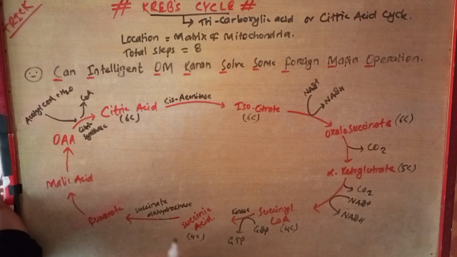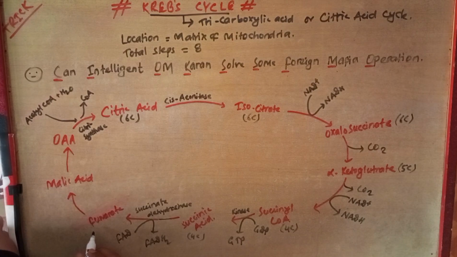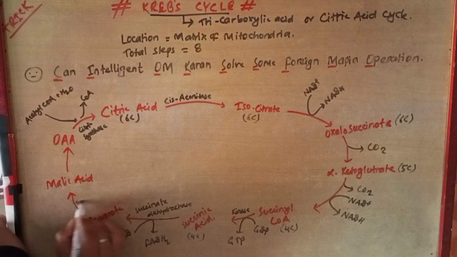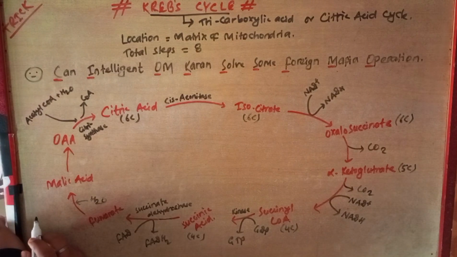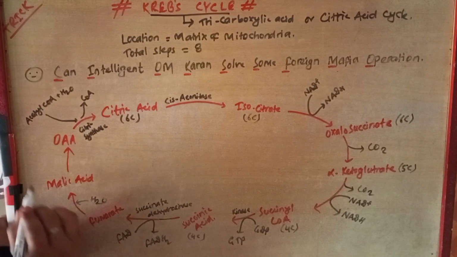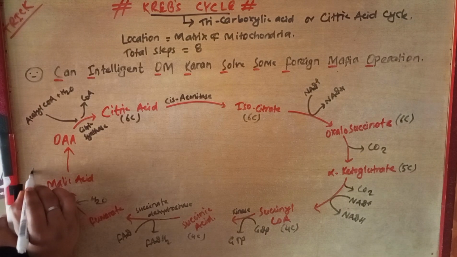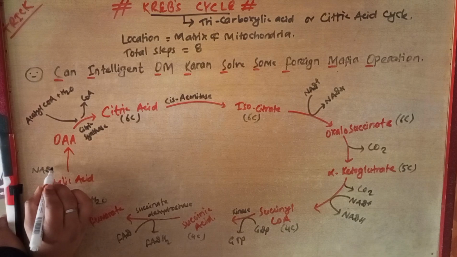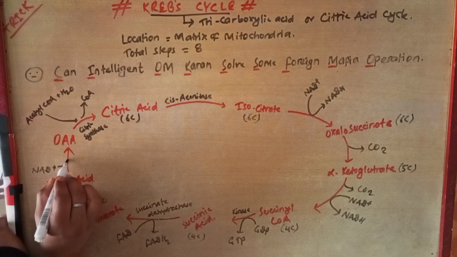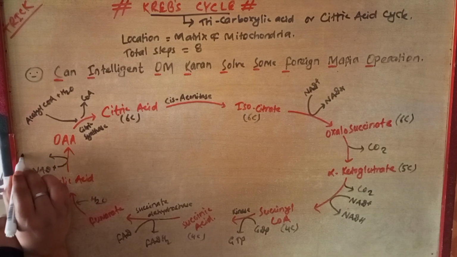In succinic acid, FAD is converted into FADH2, and then it is converted into fumarate. In fumarate there is addition of water, and after the addition of water it is converted into malic acid, and in malic acid NAD plus is converted into NADH.